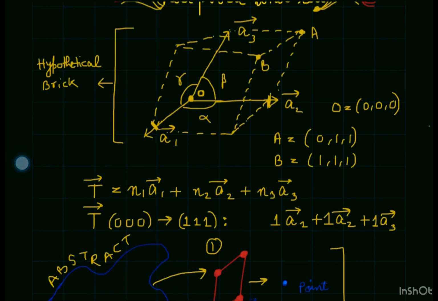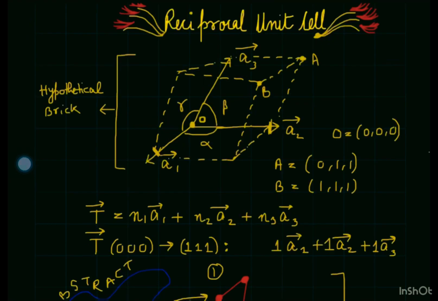Notice that we can go from the point 0, 0, 0 to 1, 1, 1 by taking n1, n2 and n3 as 1, 1, 1 respectively. Such a collection of corner points actually gives us the lattice, and each point of the lattice can be reached from another using the translation vector T.